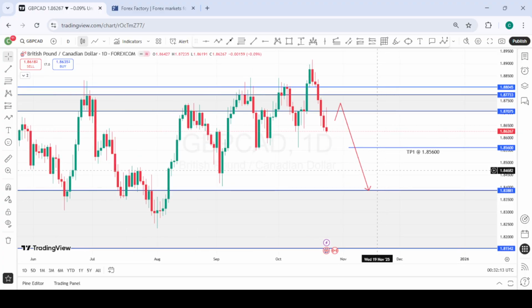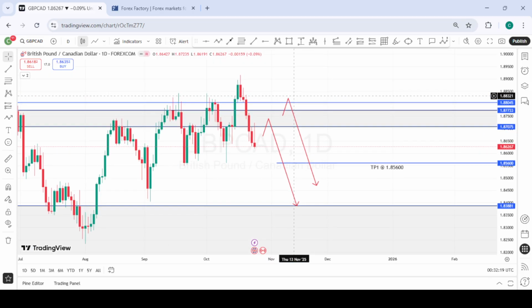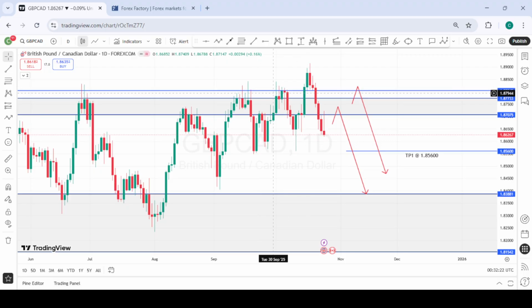And if this zone fails and price pulls back a bit higher, we're looking out for this zone as well. These highs over here, we're looking out for reactions from these highs. Should we get some reversal confirmations from these highs, we'll be looking out for the sell to the downside. And should price pull back to that high or even within this zone, it will be a possible head and shoulder formation.